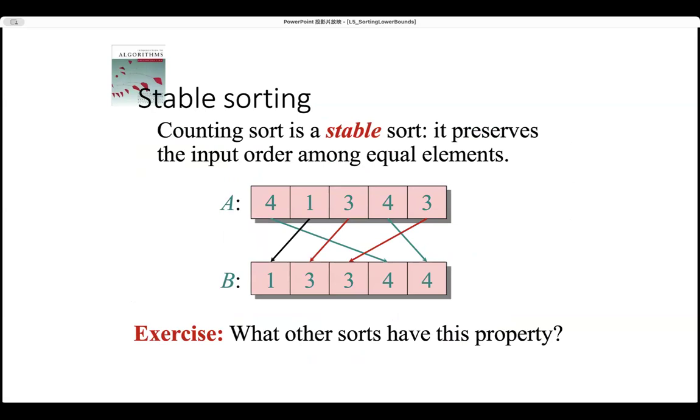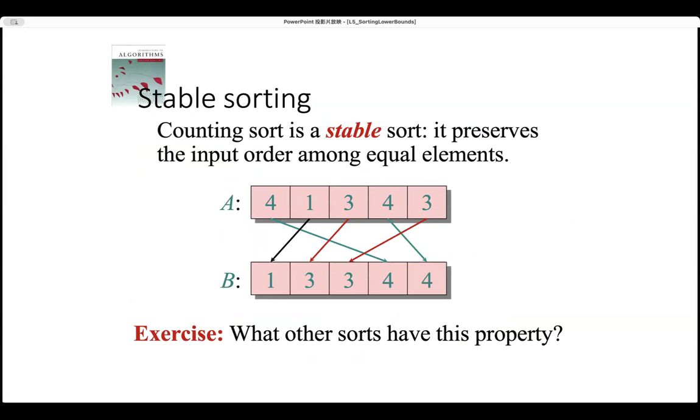And another important nature of the counting sort is that it is a stable sorting algorithm. What do we mean by a stable sorting algorithm? What is the definition of a stable sort?